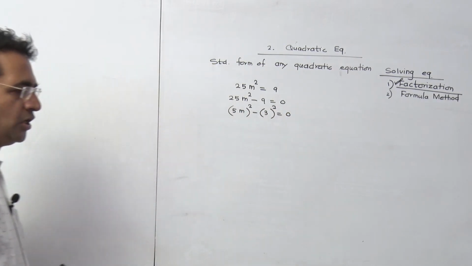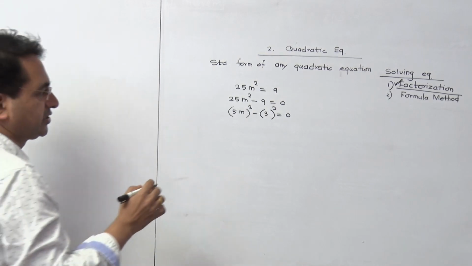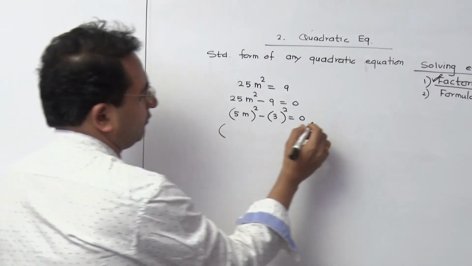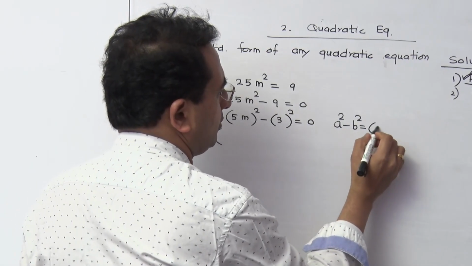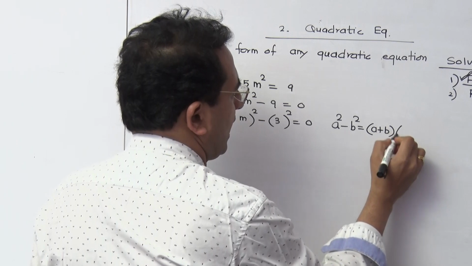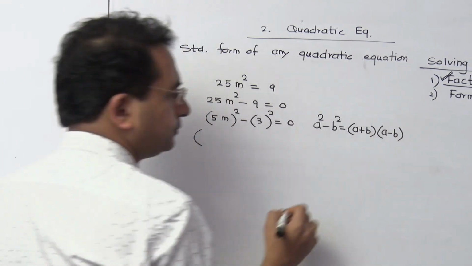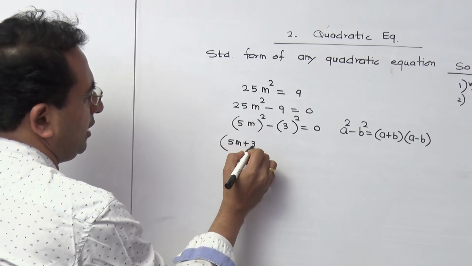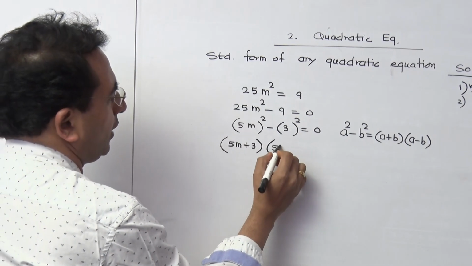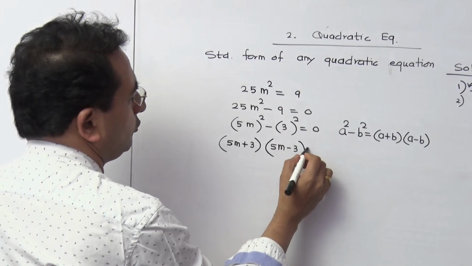Correct? We know the formula, a square minus b square is nothing but (a plus b) and (a minus b). So here it is (5m plus 3) and (5m minus 3) is equal to 0.